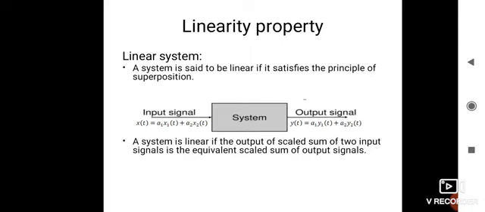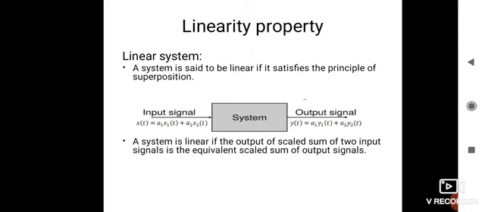That means a linear system may be defined as one whose response to the sum of the weighted inputs is the same as the sum of the weighted responses, because on the output side we see that y(t) equals a1 y1(t) plus a2 y2(t).